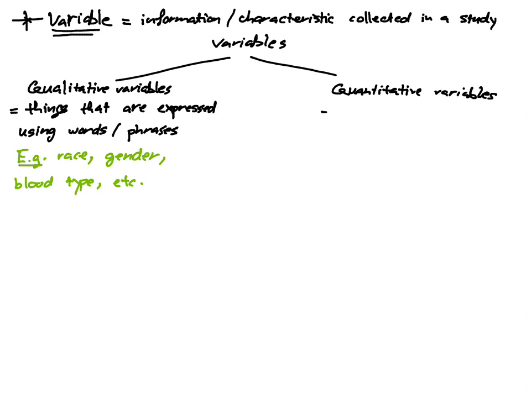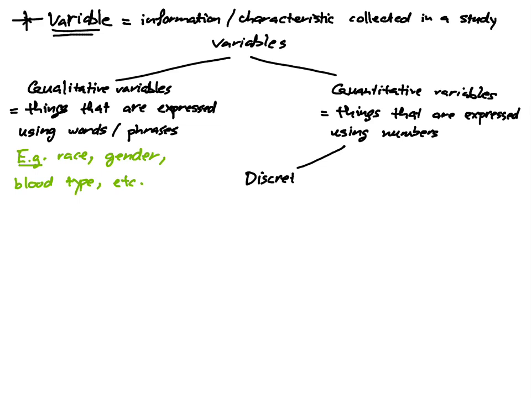Quantitative variables are things that are expressed using numbers. Now, there are two subtypes of quantitative variables. We have discrete quantitative variables, and then we have continuous quantitative variables.